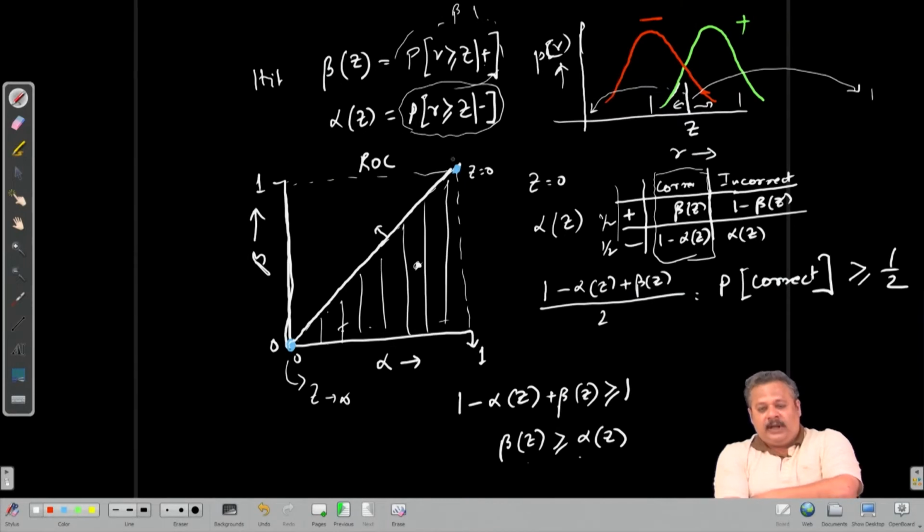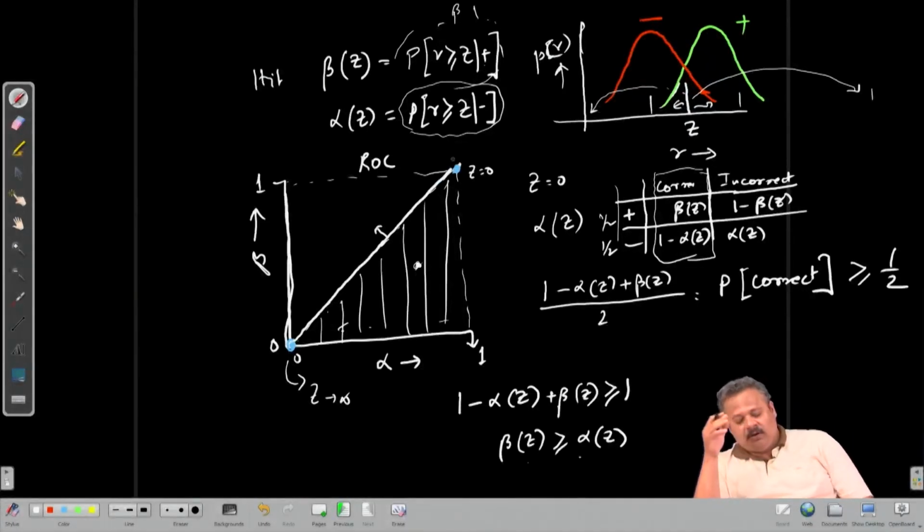And when the percentage coherence is 0, then our monkey is going to be making the correct choice 50% of the times, and in the long run both correct and incorrect choices are going to be equal.